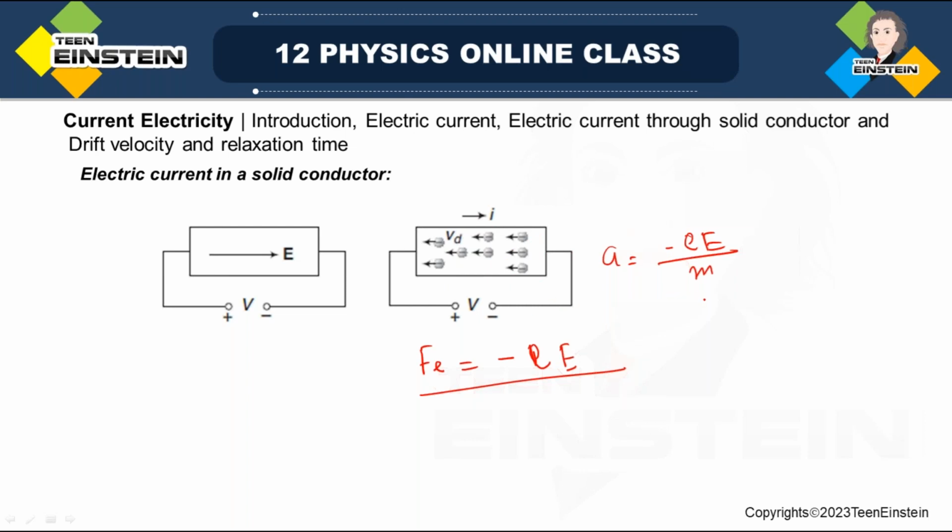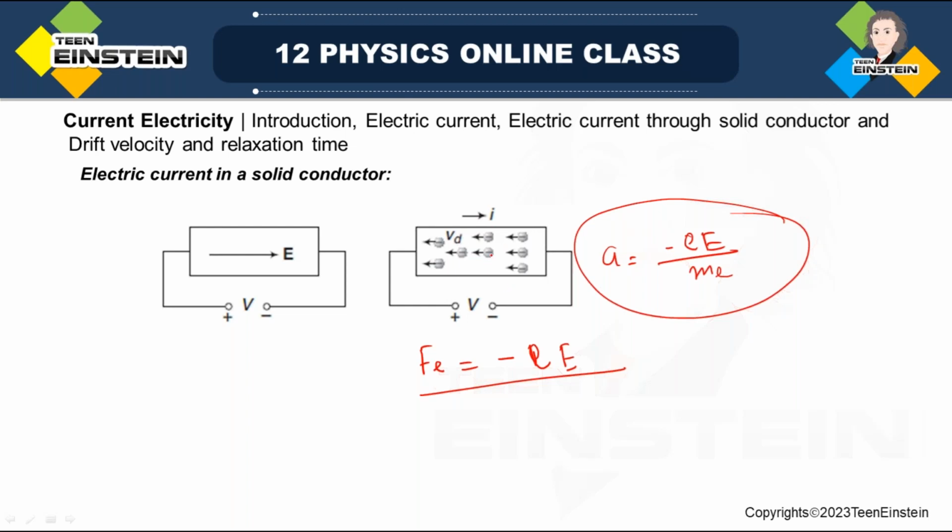But one thing is very surprising: even though electrons experience this much acceleration, the electrons will not be accelerated through the conductor. Why? It is because of collisions. There will be multiple collisions during their passage through the conductor.